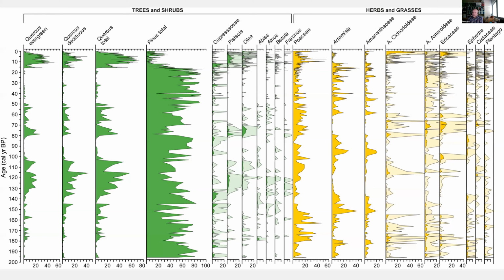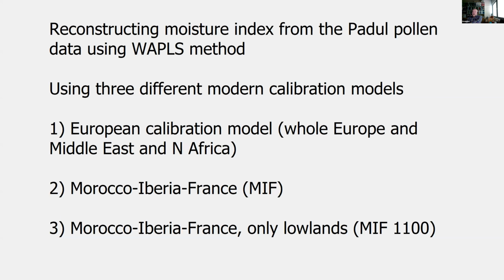So here is the great pollen diagram from Padul. You will quickly see that it's dominated by very few pollen types, mostly Quercus, Pinus, and some herbs. I have no time to talk about the methodological details. We made the reconstruction using WPLS, which is these days a routine technique, but certainly one of the best ones.